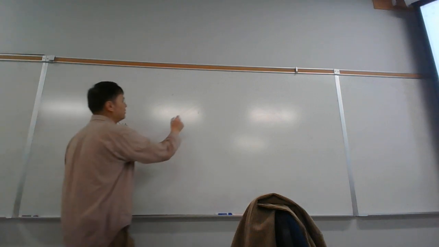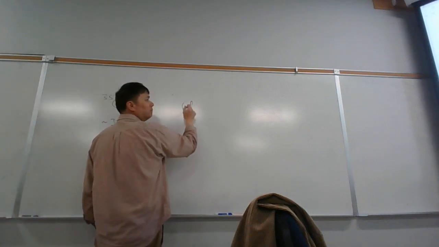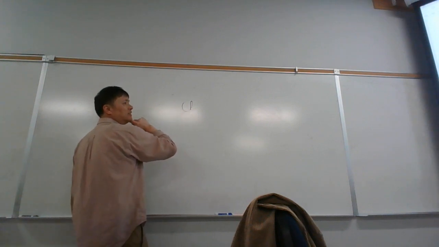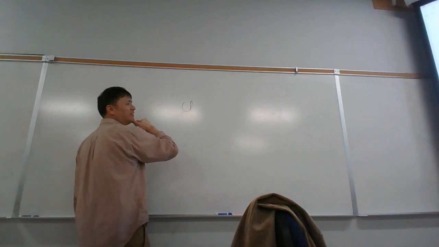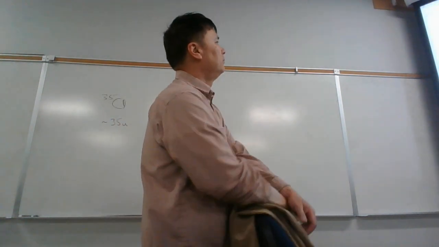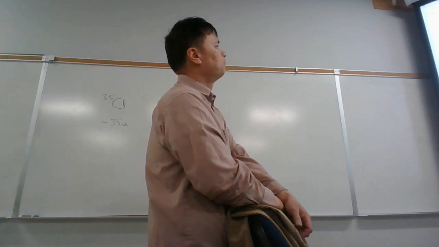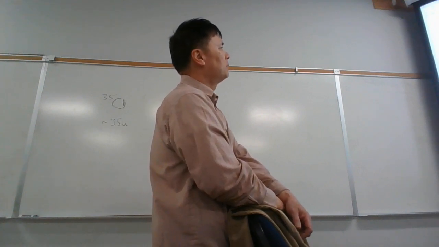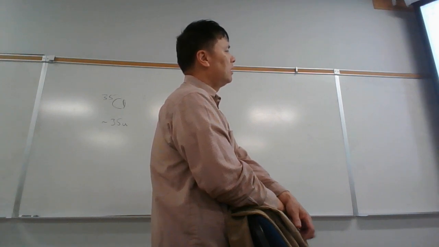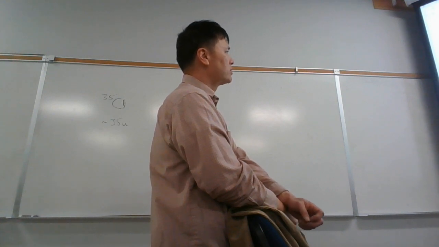And then we have a chlorine-37. Natural abundance of chlorine-35. Oops, I forgot to give you chlorine-37, didn't I? I might have accidentally deleted it. Sorry. I was supposed to give you chlorine-37.